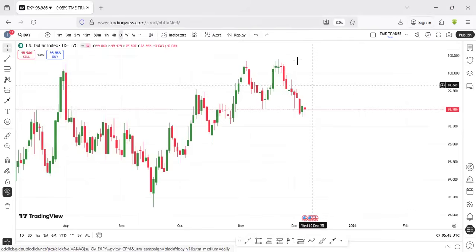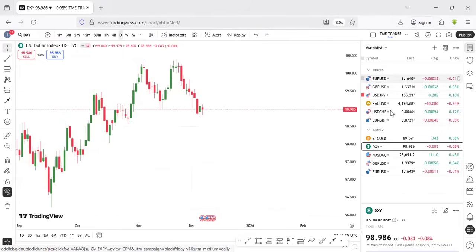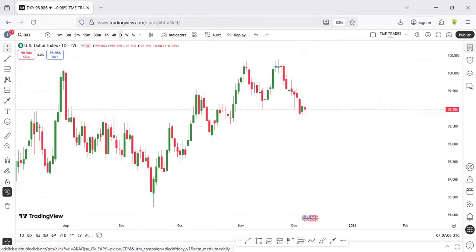Once you understand how to analyze DXY, definitely it's going to solve some puzzles for you as a trader, because most of the major currencies are traded against USD. So we have something like EURUSD, GBPUSD, USDJPY, gold, USDCHF, and so on, including BTC.